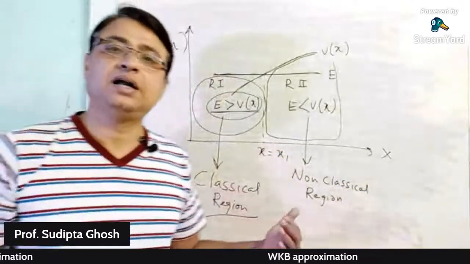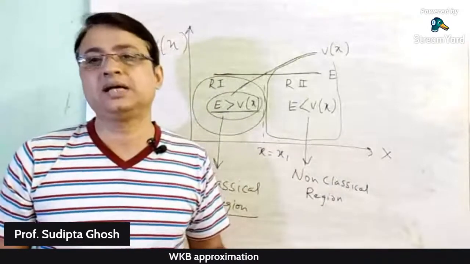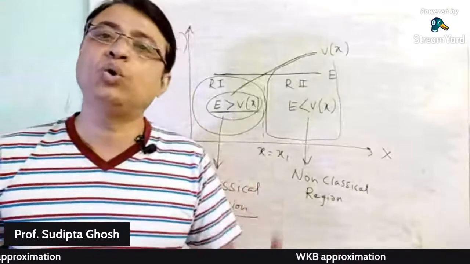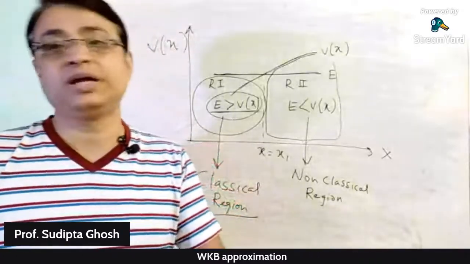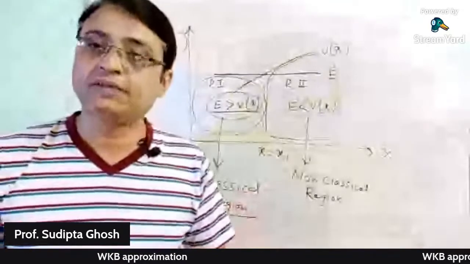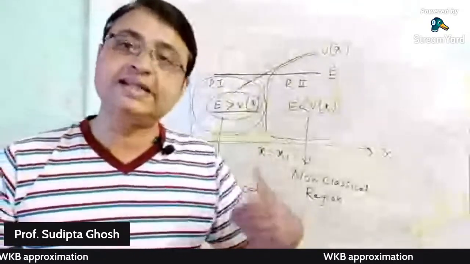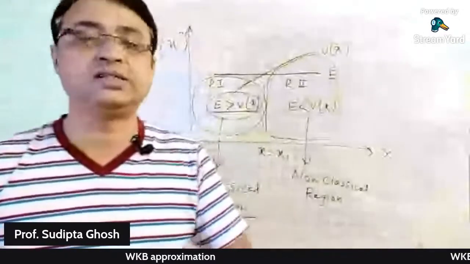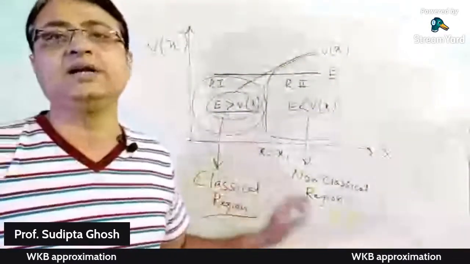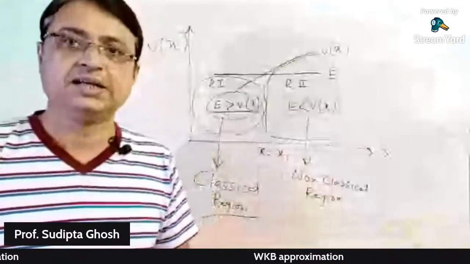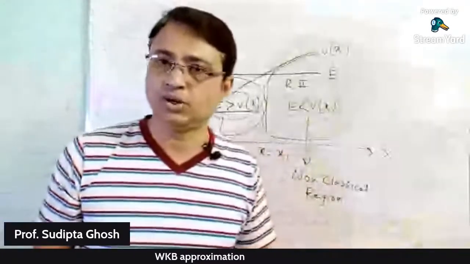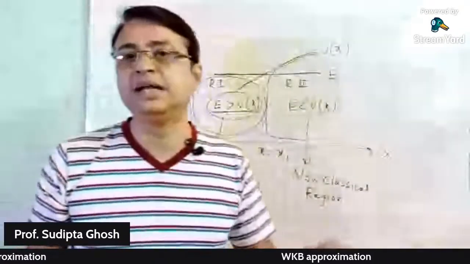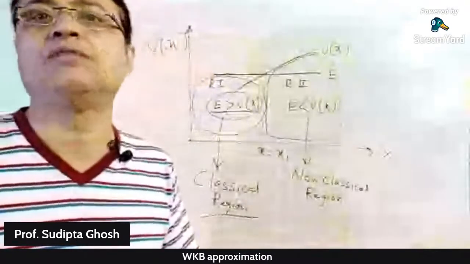Now, as we have taught earlier in classical mechanics, a particle only moves in a region of potential V whenever its own energy E is greater than the potential energy of the region. So this region in which E is greater than Vx is known as the classical region.